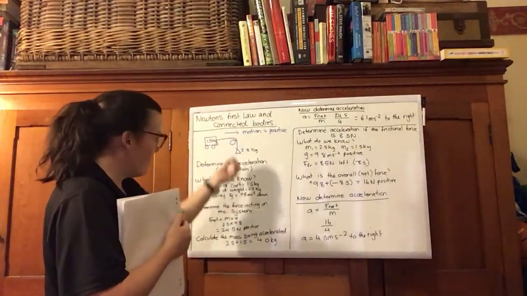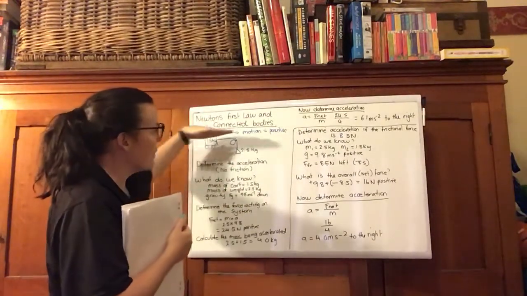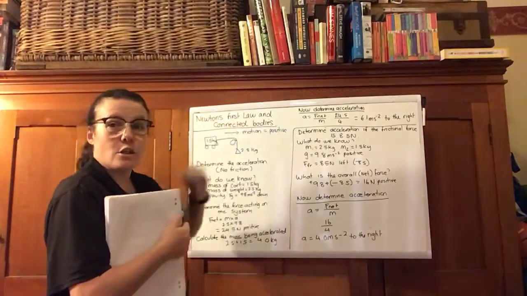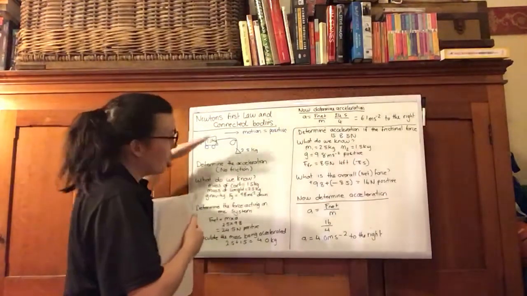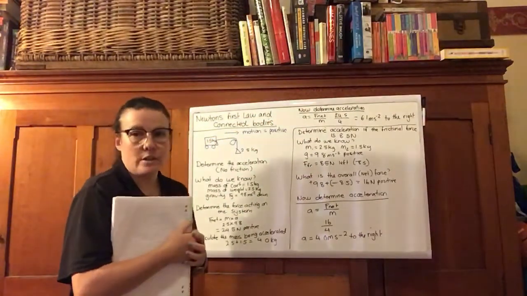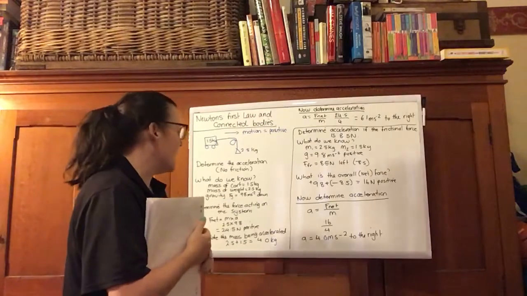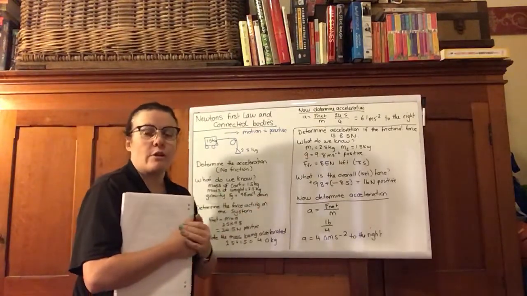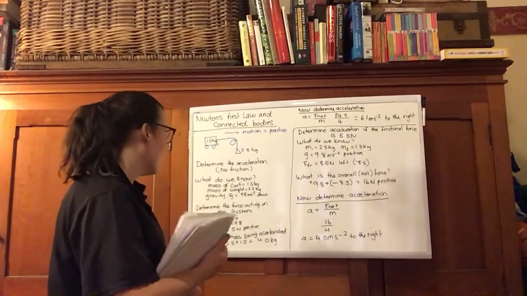And gravity, of course, is pulling downward. But the cart is going to move that way. So the motion we're going to talk about as being positive because we're heading in that direction. Okay? So we're going to leave gravity as positive, because the motion is going positive.